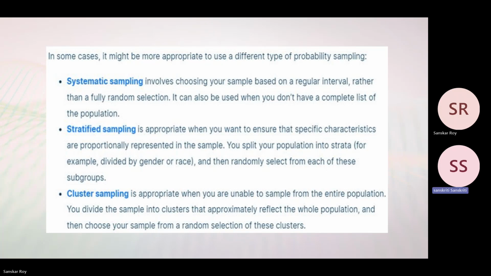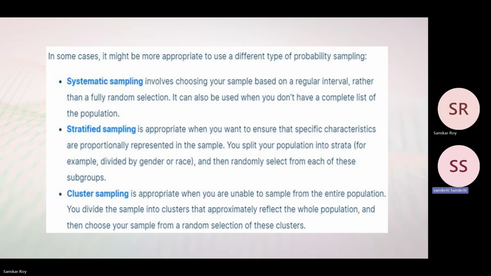Stratified sampling is appropriate when you want to ensure that specific characteristics are proportionally represented in the sample. You split your population into strata, for example divided by gender or race, and then randomly select from each of these subgroups.